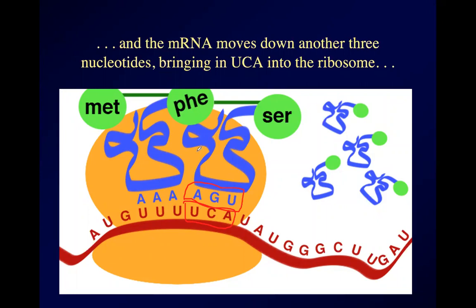But yeah, the only transfer RNA that fits has AGU, and transfer RNAs that have AGU on this anticodon loop are also carrying the amino acid serine. Serine forms a peptide bond with phenylalanine. So now we have 3 amino acids, one after the other.